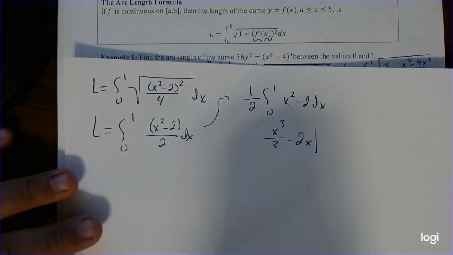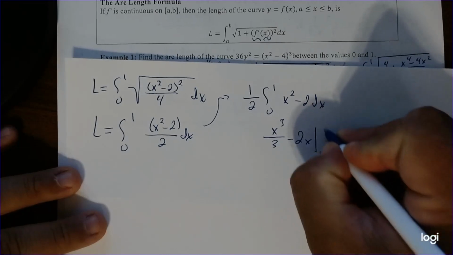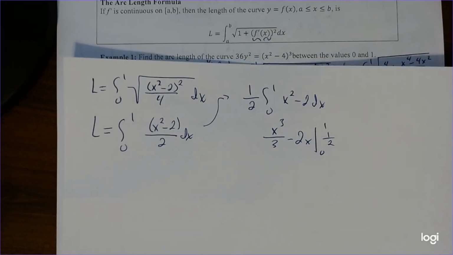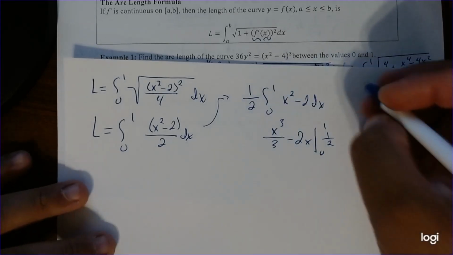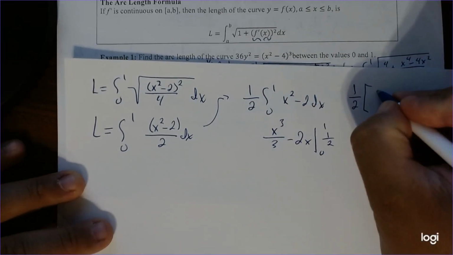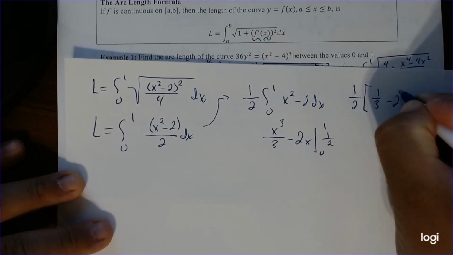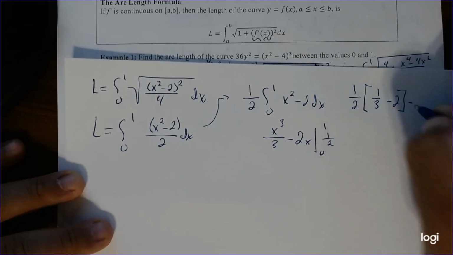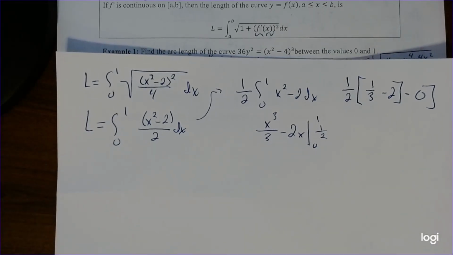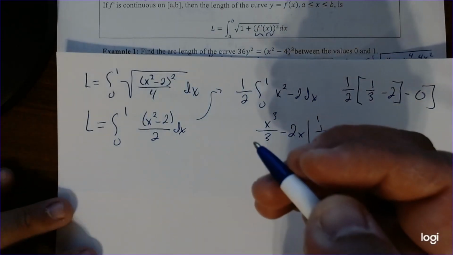Evaluated at 0, 1 times the 1/2. Okay. And then we just plug in, right? So it's going to be 1/2. So if I plug in 1, I get 1/3 minus 2. Minus, and I plug in 0, I get 0 out, right, when it comes to it. Oh. Yeah, that's right.